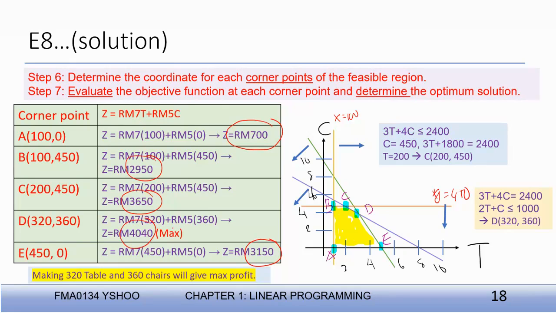So beside it you put a max, but you also need to give me the conclusion: making 320 tables and 360 chairs will give the maximum profit. You don't stop here, otherwise you didn't give a conclusion. How should I know what this max means? Then you have finished solving your linear programming by the corner points.